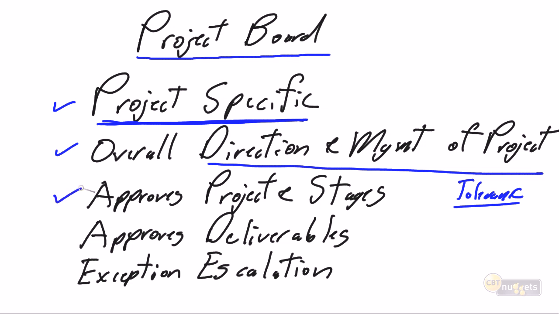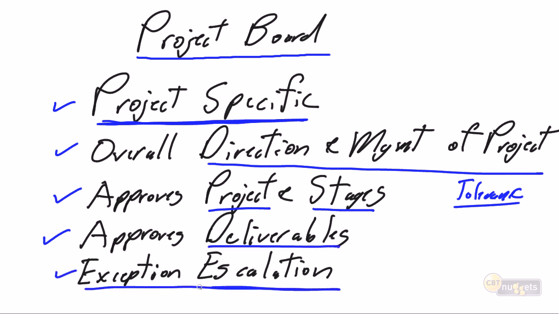As discussed at length already, they approve the project to be initiated, and they approve each stage to proceed. They approve all of the project deliverables, and they are our point, or at least our first point, for exception escalation. And again, nothing new or wonderful about the project board that hasn't already been discussed so far in this series.